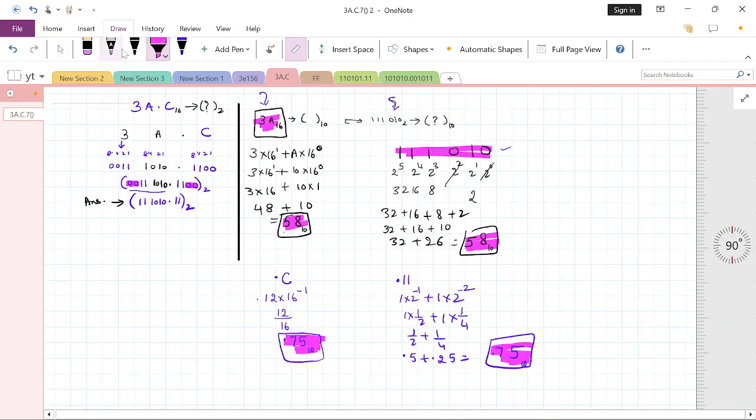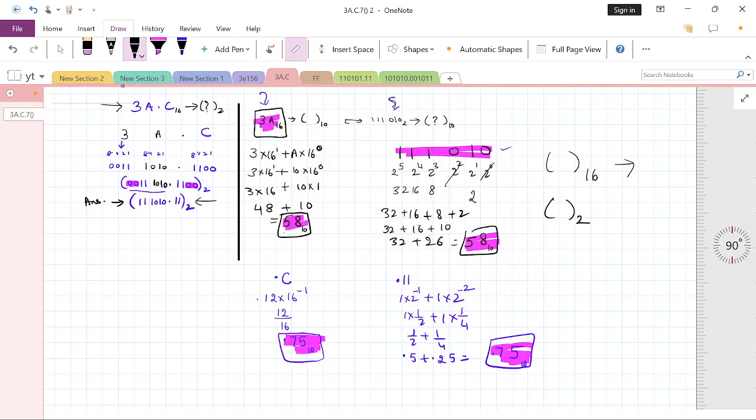right? So what we did, I'll just revise once. This was the original number and this was our answer. The simple rule is whatever question is given to you and whatever answer you get, just find out their decimal equivalent, and that answer should match, right?